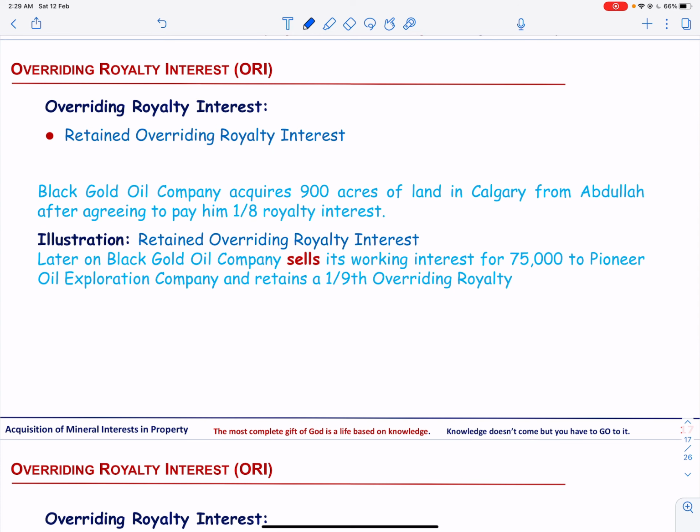Black Gold Oil Company acquires 900 acres of land in Calgary from Abdullah after agreeing to pay him 1/8 royalty interest. Later on, Black Gold Oil Company sells its working interest for 75,000 to Pioneer Oil Exploration Company and retains a 1/9 overriding royalty interest.